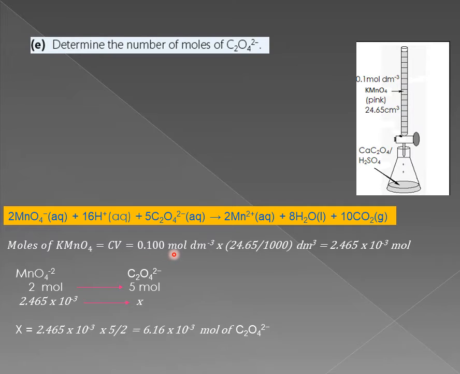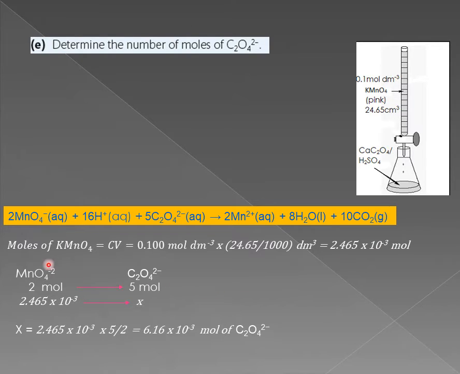Concentration is 0.1 mole per decimeter cubed, and the volume is 24.65 centimeter cubed, but we need it in decimeter cubed, so we have to divide by 1000. And later decimeter cubed will be cancelled with decimeter to the minus 3, and the only unit left is mole at the end. And if you multiply that by that, it will give you 2.465 times 10 to the power minus 3.